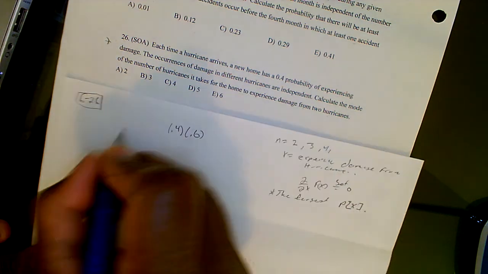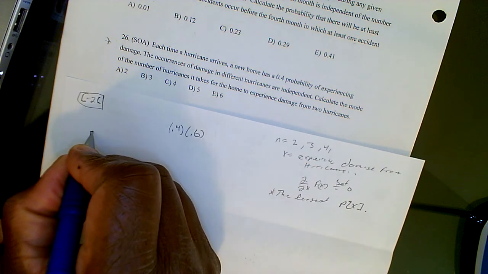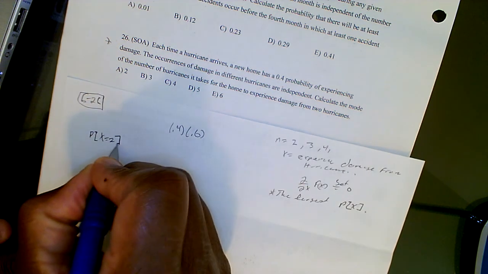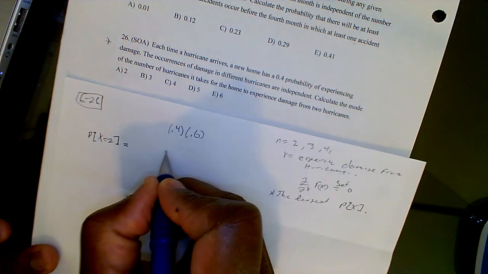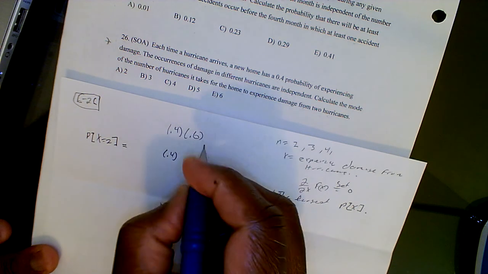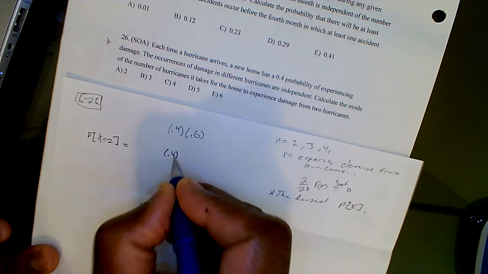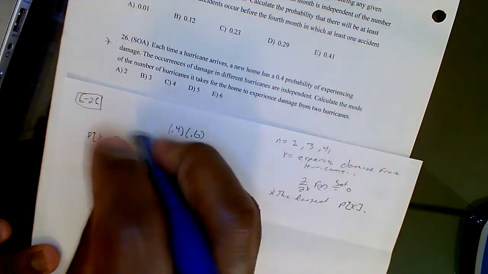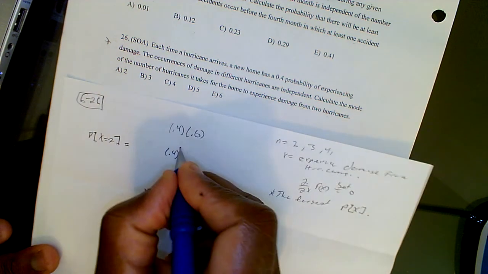So when x is 2, we basically are going to have 1 experience for sure, and then both experiences happened at this particular one.